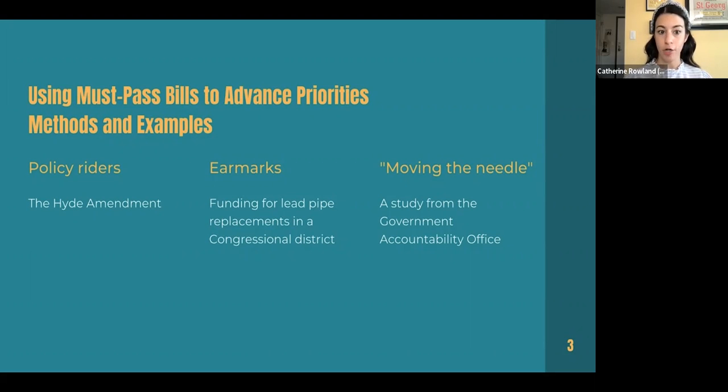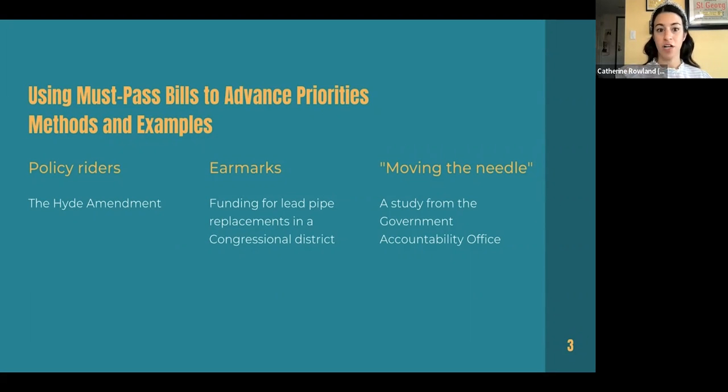Next, I want to talk about earmarks. An earmark is an allocation of federal funding that members of Congress request for a specific project, typically within their districts. A moratorium on this practice was put in place in 2011, but it was reinstated for the current Congress with new safeguards in place to make sure members can't use earmarks to enrich themselves.